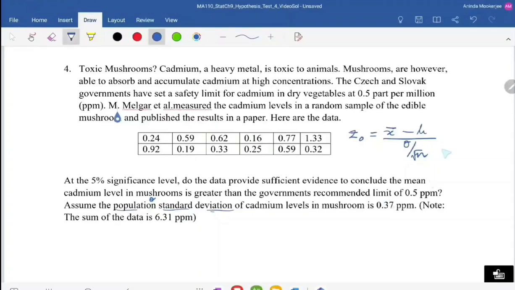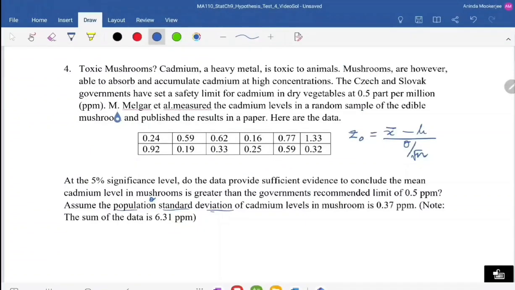Now, we do need all this data, the x bar, the mu, the sigma, and n, in order to come up with the test statistic value. Additionally, we also need to find the significance level and so on. All right. So let's search for these pieces of information in this problem.